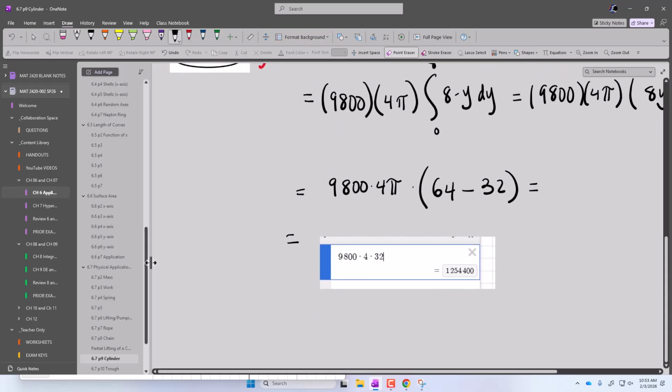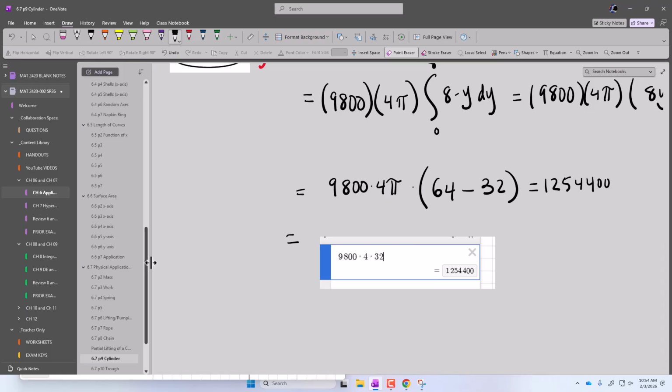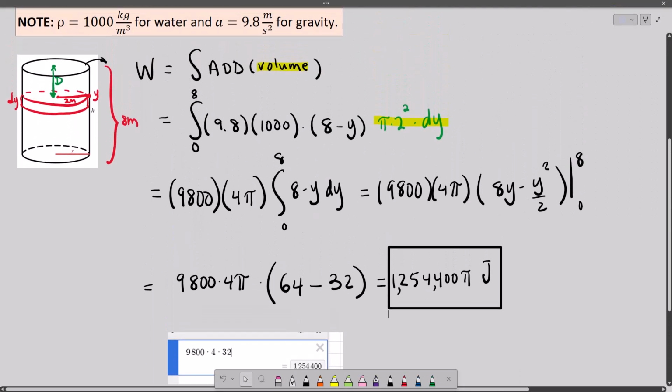So that number, pi. And now these problems do have units in them. We're finding the work done, so joules. So now we're using units all of a sudden. Okay, so cylinder. That's the work done in emptying a cylinder.